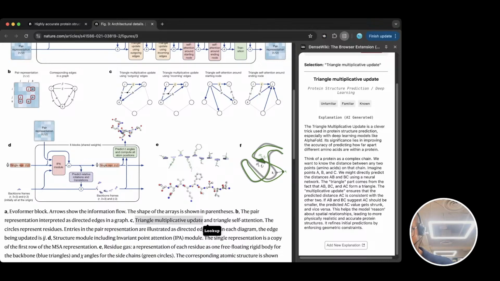Imagine points A, B, and C. You directly predict BC using a neural network. A, B, and C. The predicted distance AC is consistent with the other two.